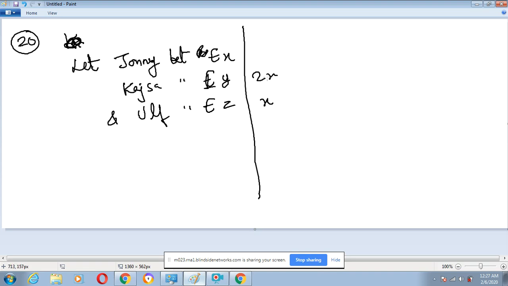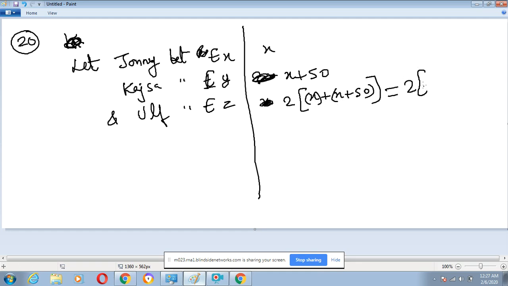And what about Ulf? It's double the sum of both of them together. Double x plus x plus 50, two times 2x plus 50, that's 4x plus 100. Correct? Understood?